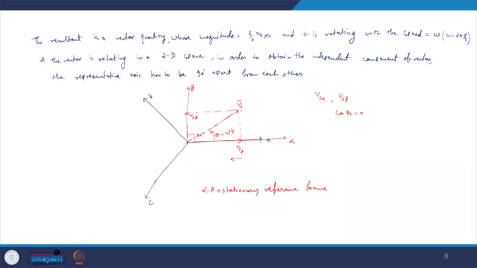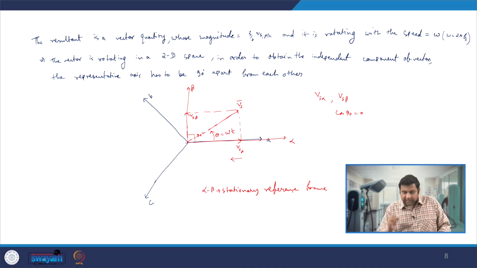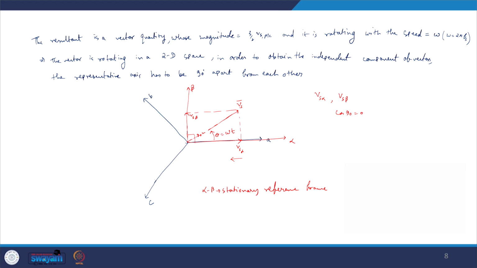When we take the component of this Vs vector onto the alpha axis and beta axis, and then control them, we get independent control of the alpha axis component and the beta axis component. That means whenever you change anything on the alpha axis component, there is no impact on the beta axis component, and whenever you change the beta axis component, there is no change on the alpha axis component. So that is nothing but the stationary reference frame, and in this frame you can easily convert the ABC quantities into alpha beta quantities by just doing trigonometry, and we will see that in the next slide.